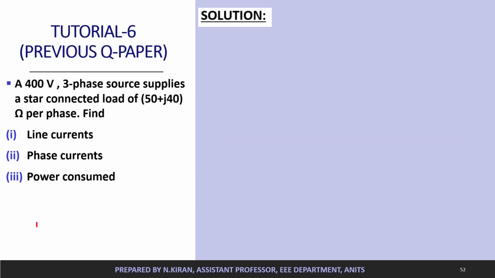So the sixth sum: line voltage is given as 400 volts. Star connected load is given as 50 plus j40 ohms. It asks us to calculate line currents, phase currents and power consumed.